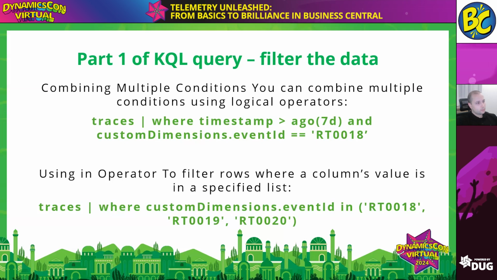So here we will be combining timestamp filtering with event ID filtering. You can also use the in operator, which comes pretty handy, especially for event IDs, where you can define the list of event IDs on which you would like to focus and filter the data.